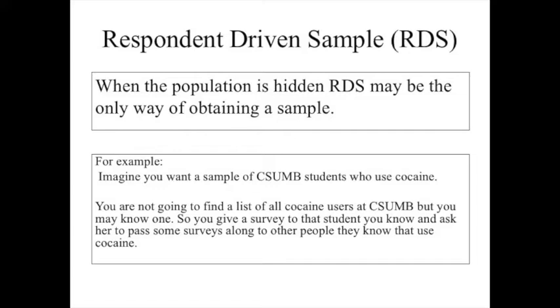But you may know one student, and you ask this student to fill out the survey, and you ask this student to anonymously and confidentially pass this survey to another student who they know consumes cocaine, and the ones that got the survey pass it to other students that consume cocaine. So in that way, you are getting responses from students that consume cocaine, without needing a list.